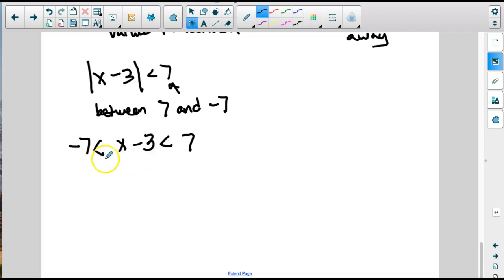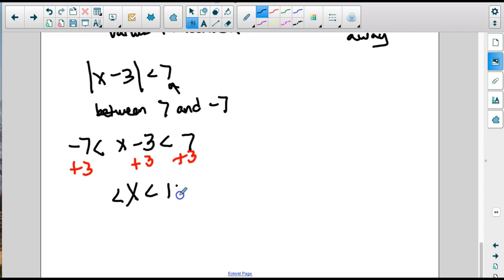We would then treat this as a compounded problem, meaning that when we simplify the middle to just x, that means we would add 3 here. To do that, we would have to do that in every part of this inequality. So we'd have to add 3 to the first part, the second part, and the third part of this, to get x in between two values.